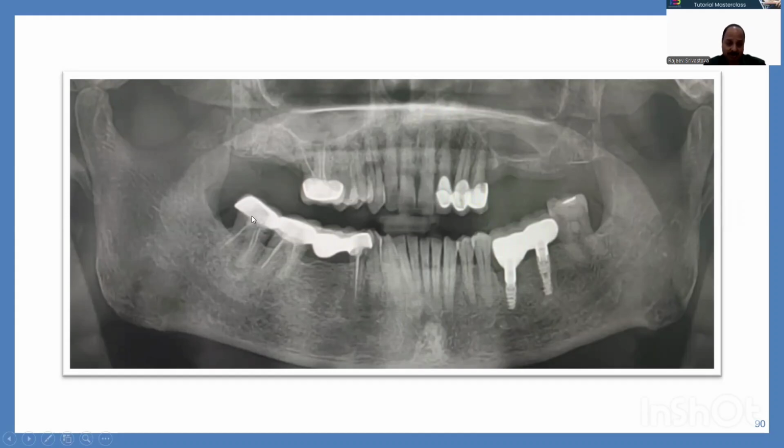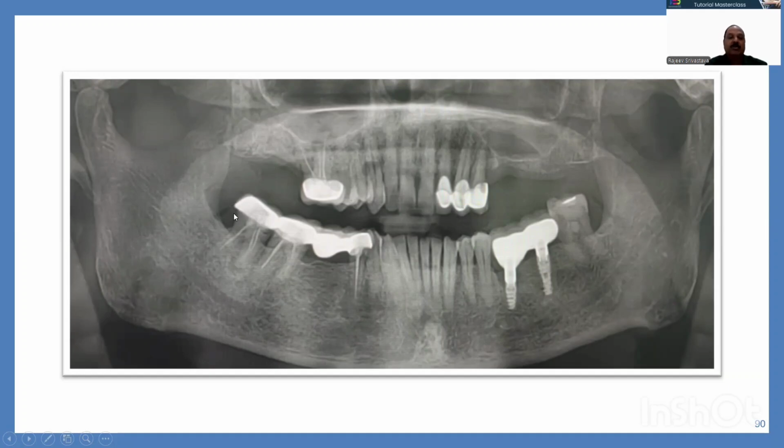And one more thing you can see here: for preventing the path of insertion problem, the technician has kept this margin open. So the first thing is that this 4 unit combined, 1 unit has to be separate. If this unit had been separate, the path of insertion could have been different, and this margin should have been placed exactly onto the tooth and not extending beyond the tooth, that is a cantilever margin, or you can see that extension.